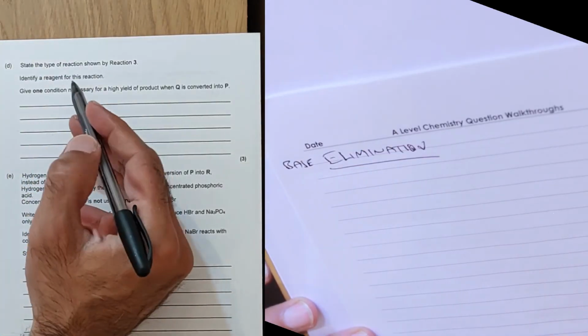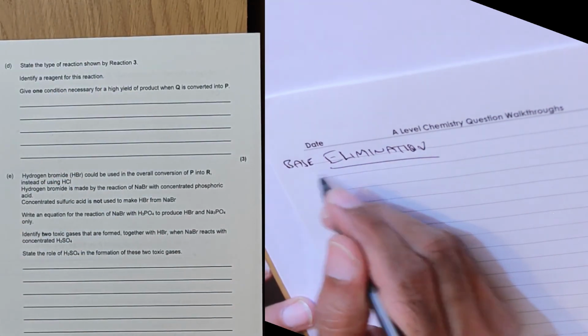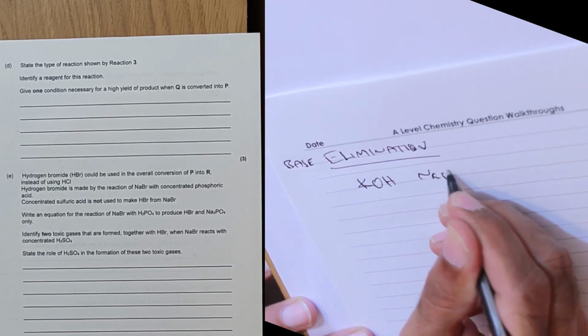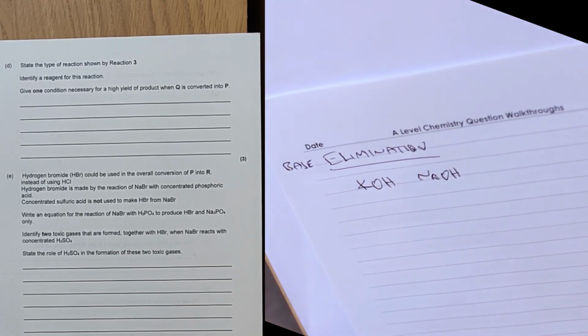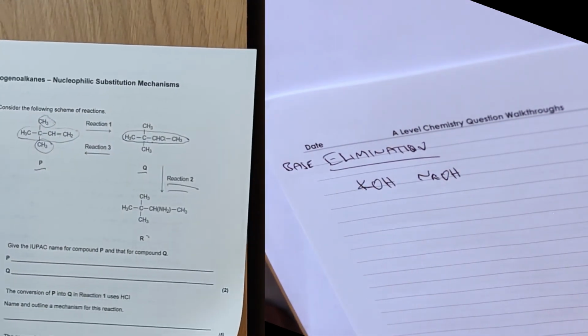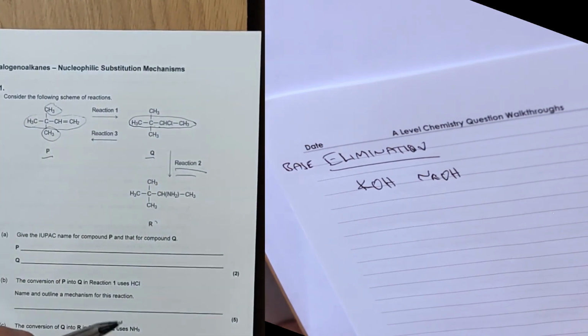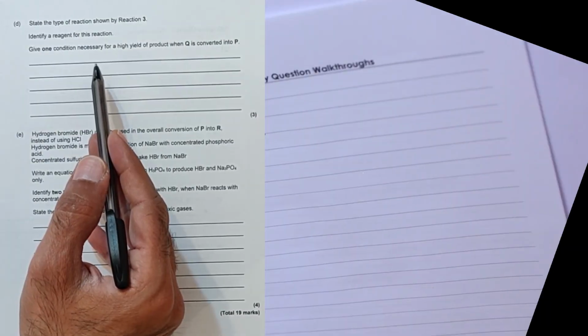That actually helps to answer the next question. Identify a reagent for this reaction. Well, if you need a base, then surely it could be KOH or NaOH, sodium hydroxide or potassium hydroxide. There you go, your reagent. Then it says give one condition necessary for a high yield of product when Q is converted into P. There are a few conditions you can give.